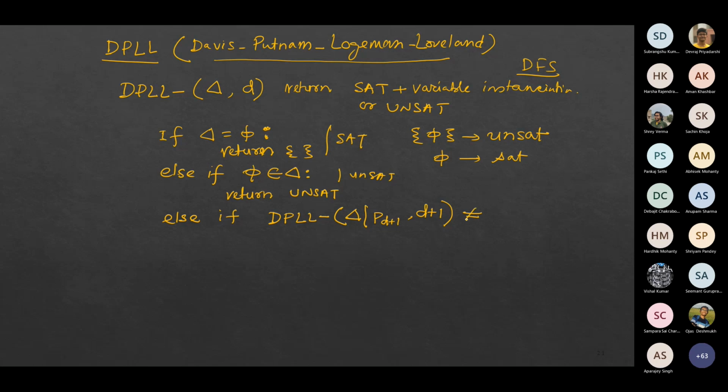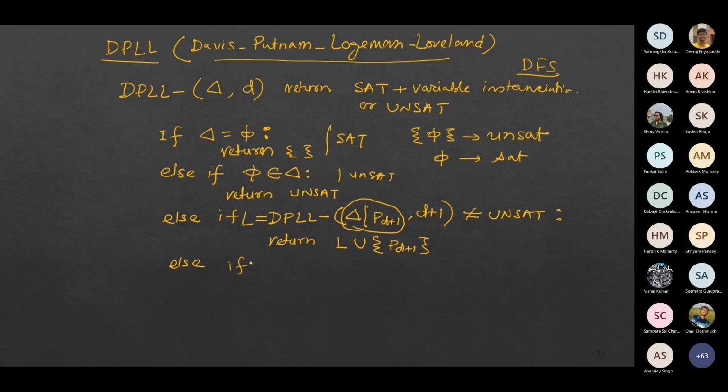And if we see that this is not equal to unsat, then what will we return? It will return a set of variable instantiations for which the remaining portion is satisfiable, right? So in that case, we'll be saying return L union P, D plus 1, because we know that this choice has led us to satisfaction, right?